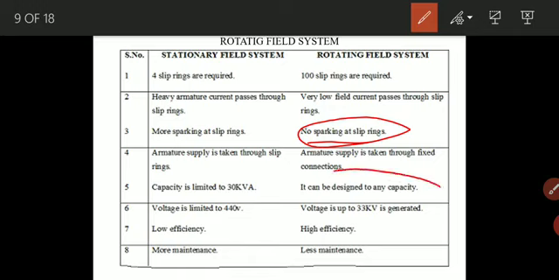It can be designed to any capacity because the armature is placed on the stator.